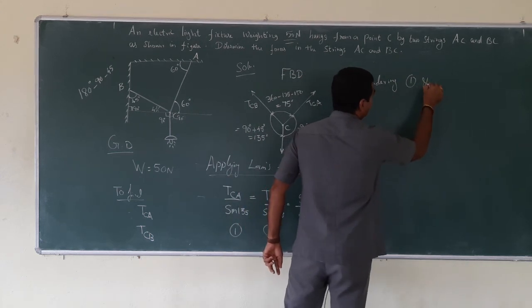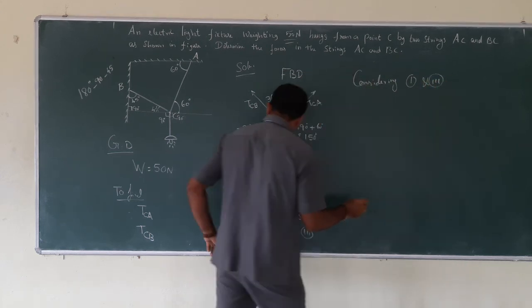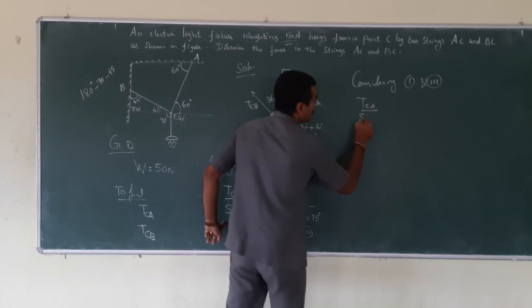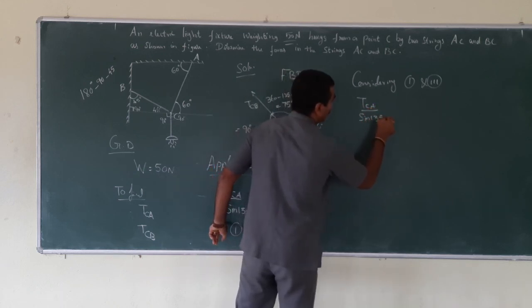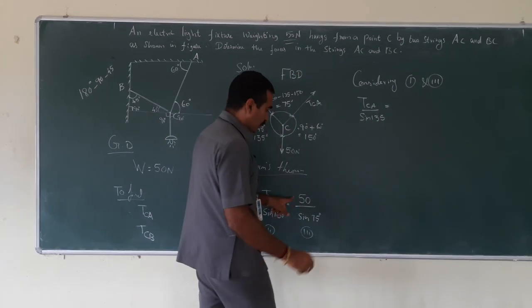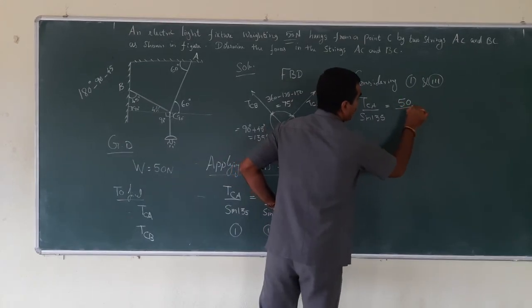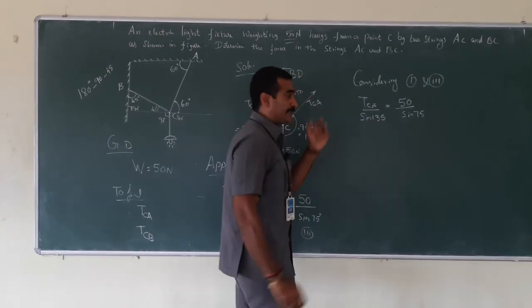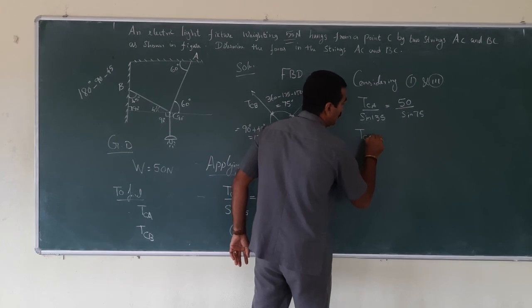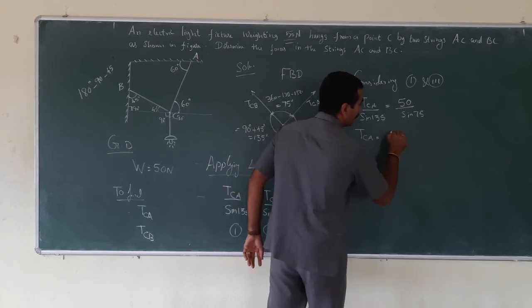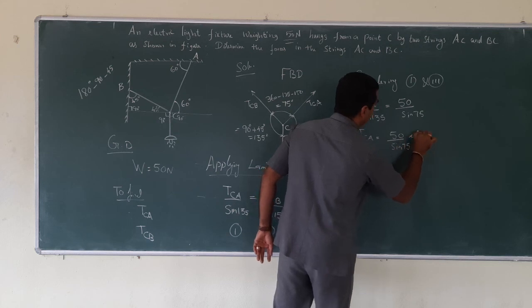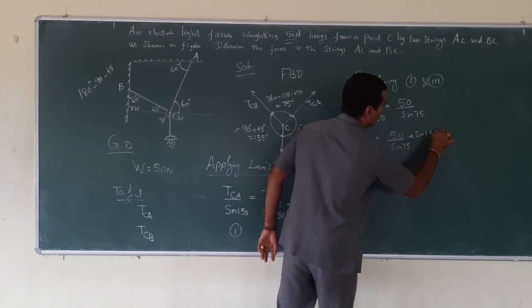Considering 1 and 3, TCA by sine 135 equals 50 by sine 75. Isn't it? So, what is the unknown here? TCA is the unknown. By doing the cross multiplication, 50 by sine 75 into sine 135.